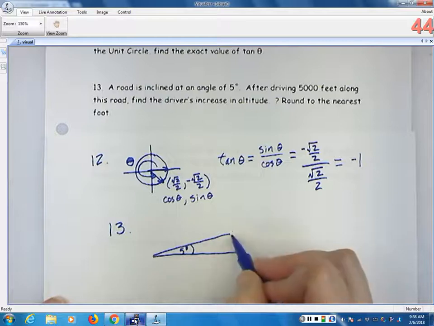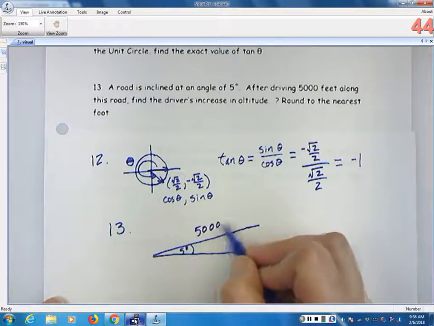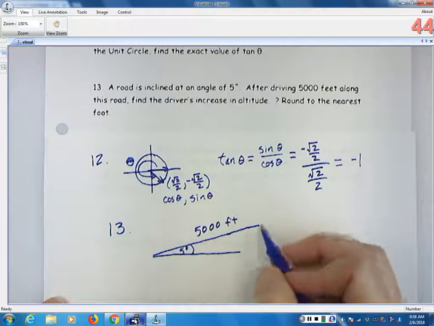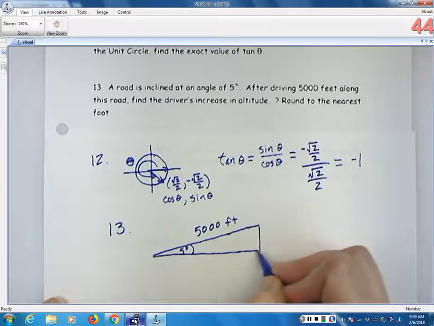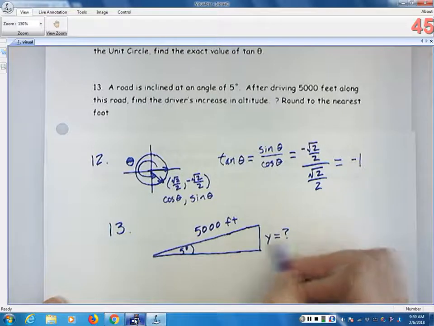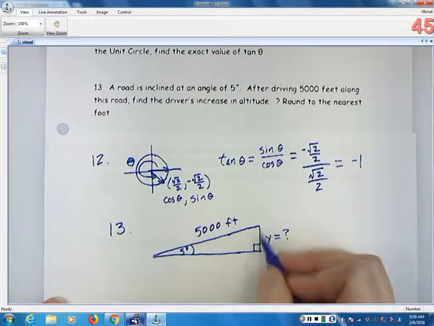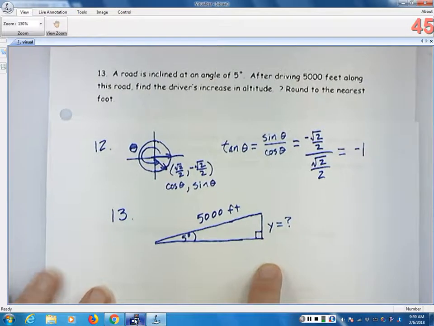After driving 5,000 feet along this road, find the driver's increase in altitude. Let's call it y. We just go straight down. It's asking for this. Round to the nearest foot.